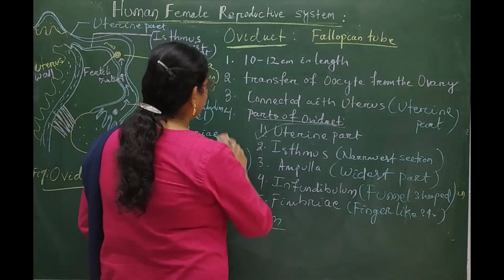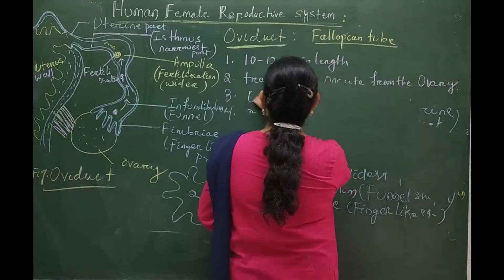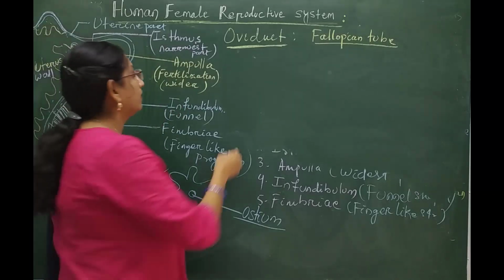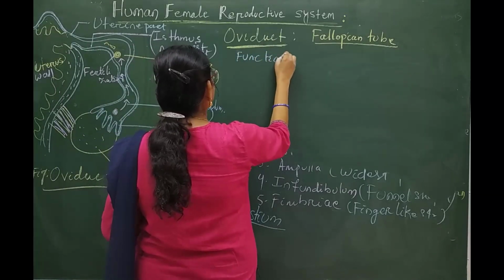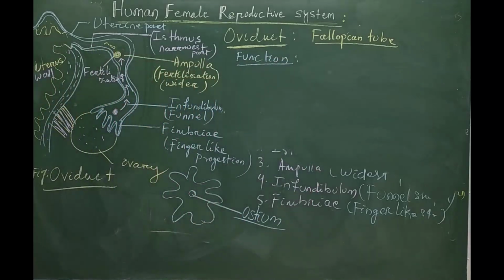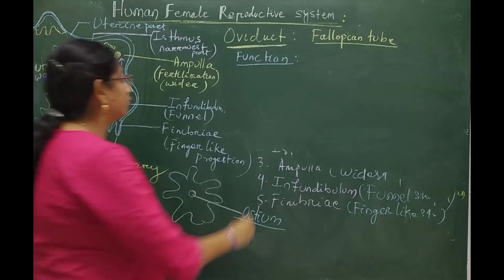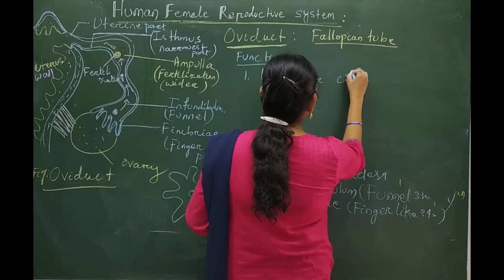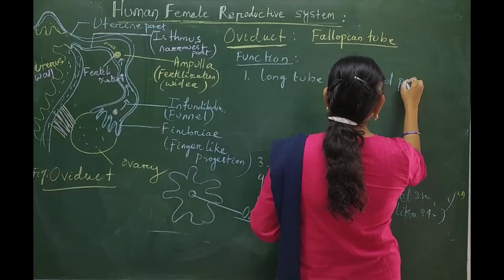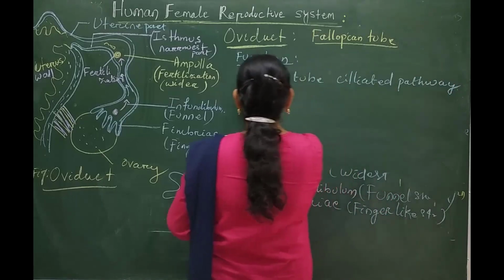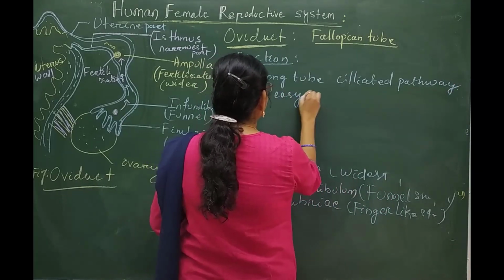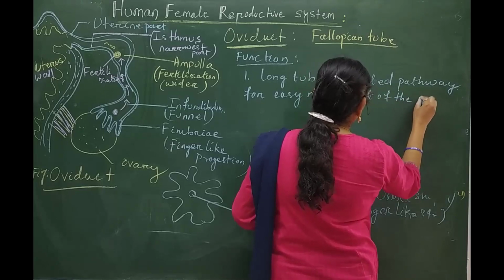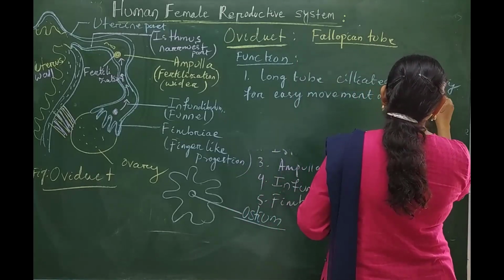The oviduct consists of a long slender tube having a ciliated pathway for easy movement of the egg, or you can write here the oocyte.